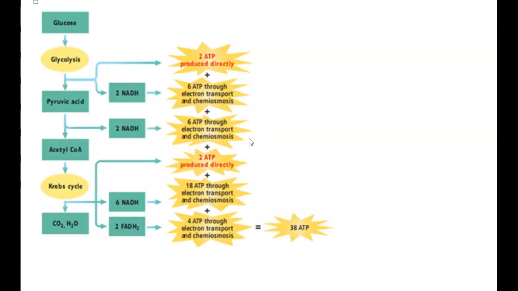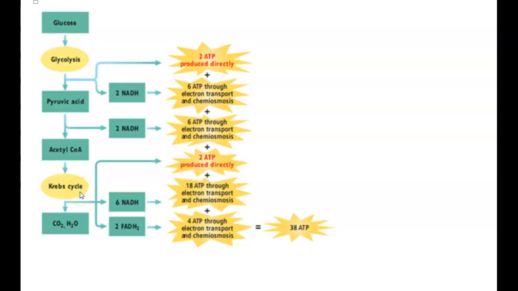Those NADHs drop off the electrons and hydrogens. 6 ATPs are made through electron transport and chemiosmosis. In this transition stage, the acetyl-CoA going in right here, that's a transition step. No ATPs are produced directly. Acetyl-CoA remaining in the matrix goes to the Krebs cycle.